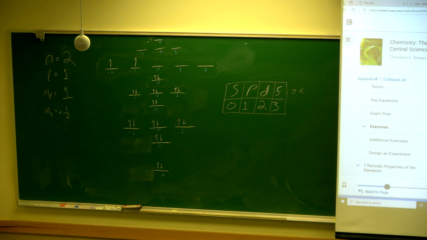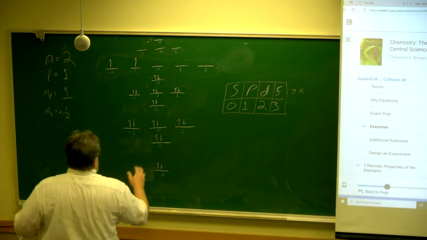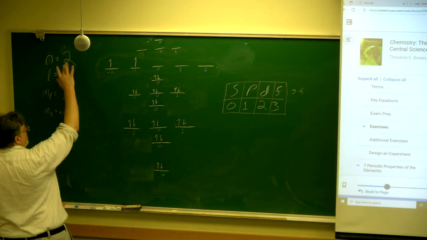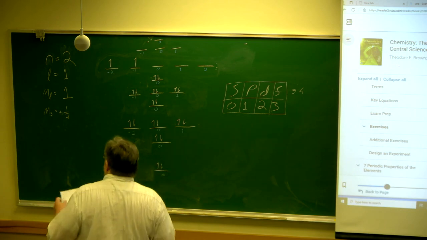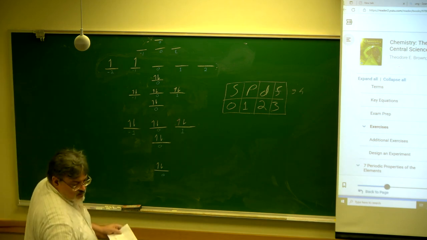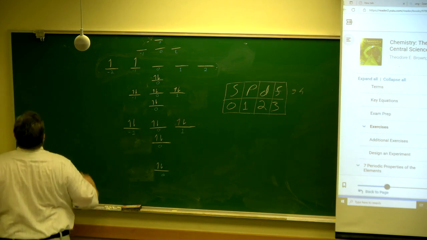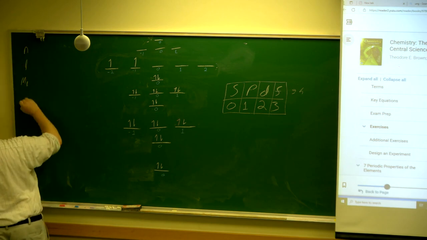Oh, it turns out, based on this shape and these numbers we use for the quantum numbers, a couple of things that aren't obvious. There's the N and the L, and the M sub L, MS.